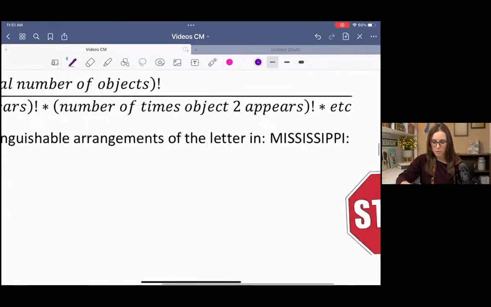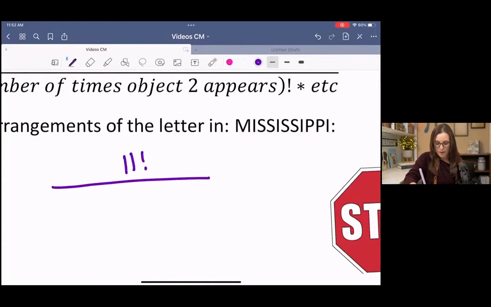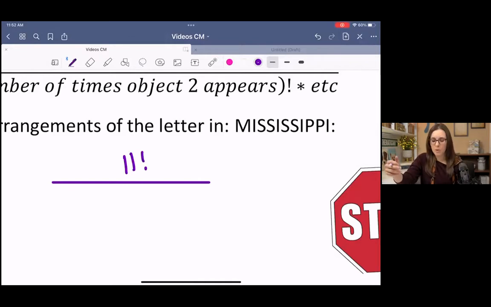The total number of letters are 1, 2, 3, 4, 5, 6, 7, 8, 9, 10, 11. So many. Divided by, and I did a long bar because there's going to be several things in the bottom. I repeats 1, 2, 3, 4 times. S repeats 4 times.